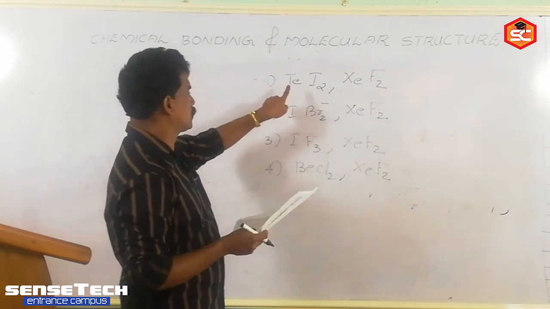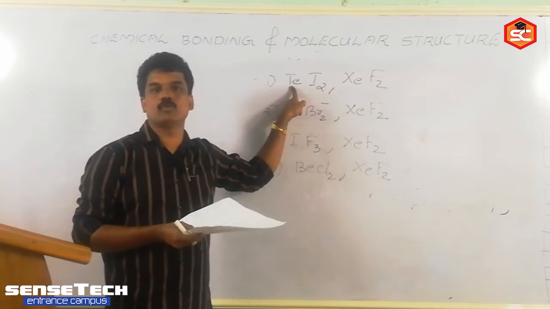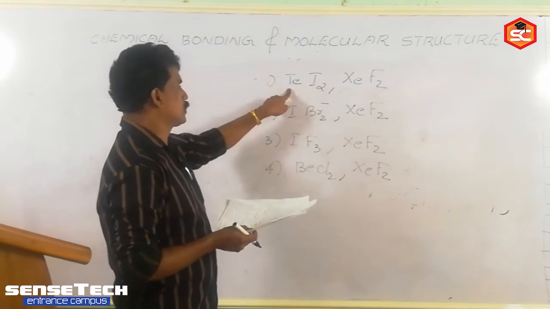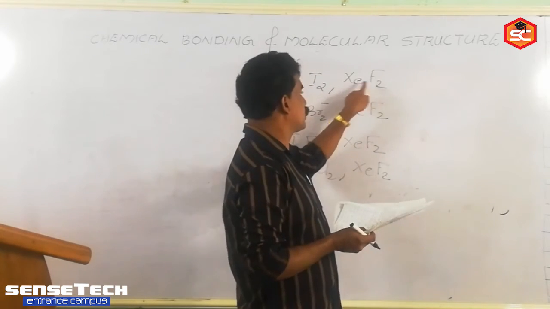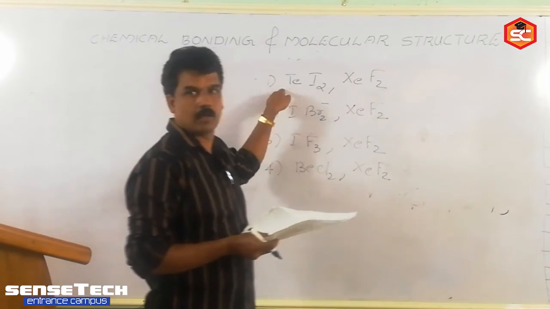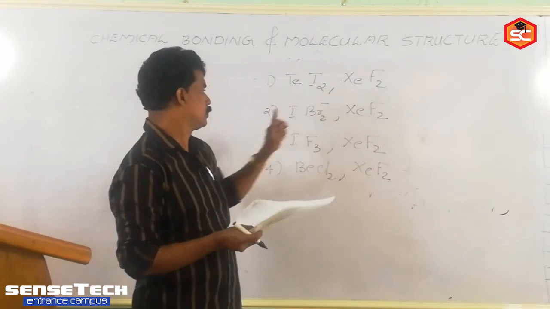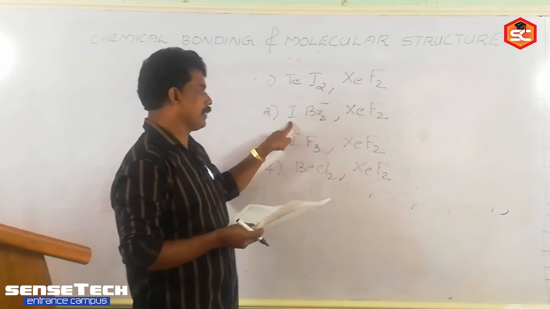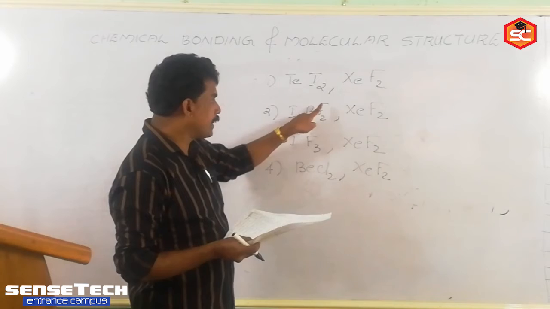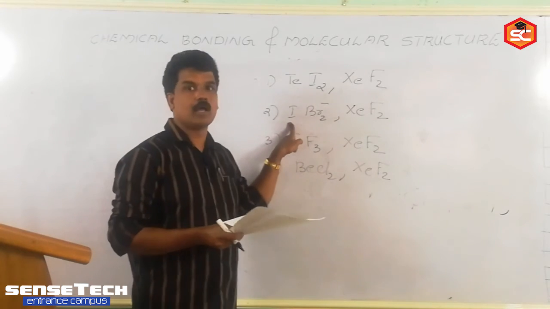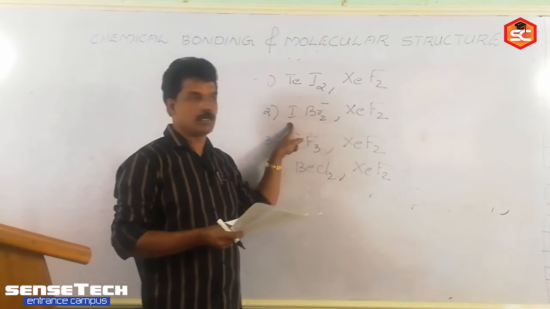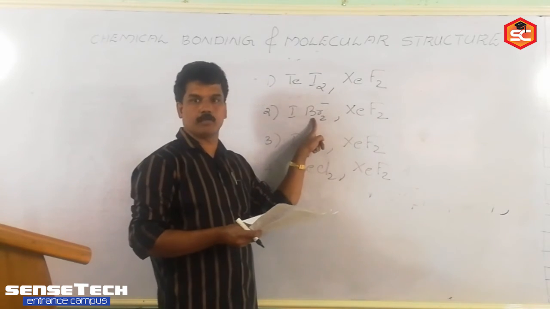Isostructural and isoelectronic, same structure and same number of electrons. Valence electrons we just have to check. This is tellurium. Which group? 16th group. 6 electrons are there. Xenon has 8 electrons, 2 are involved, so the same structure will not come. Second one, iodine has 7 electrons, but iodine is getting an extra electron, in IBr2 minus. So iodine possesses how many valence electrons? 8. Then 2 are involved in bonding with bromine.